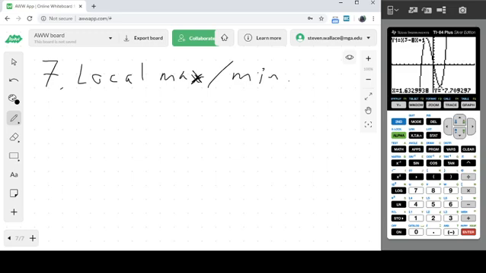Local max and min are turning points. So we did this a long time ago when we looked for the places where a function was increasing or decreasing. Okay, these are just turning points.